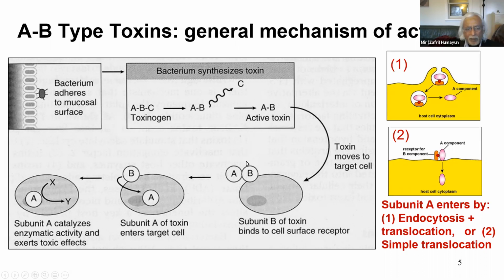So ultimately, same thing as what's happening here, except that instead of B binding to the surface and the A becoming internalized into the cytoplasm, there is an intermediary step that is an endosome. From there, the A subunit is internalized into the cytoplasm. So that's the generalized mechanism of how AB toxins work.